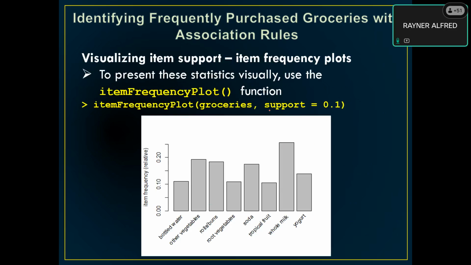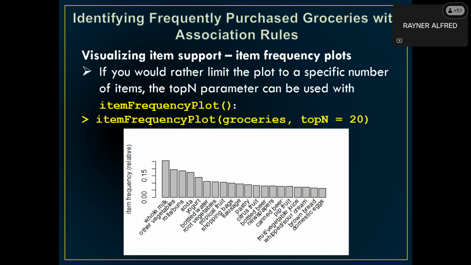You can reduce the number of items by saying that I want to display only the items with support of at least 0.1. We can also see the top N items in our data set.